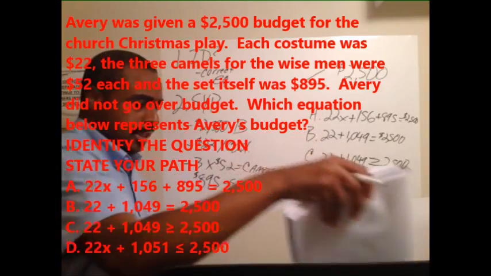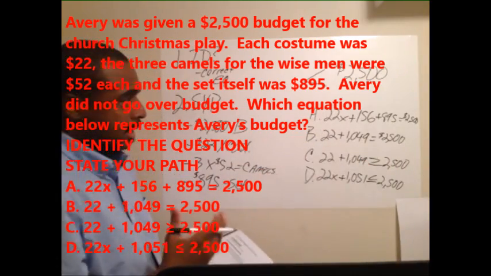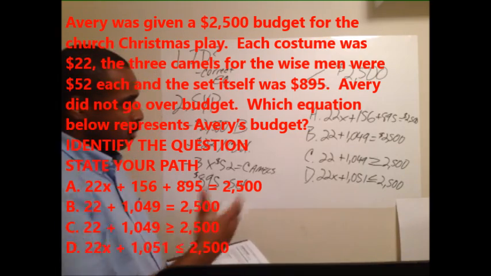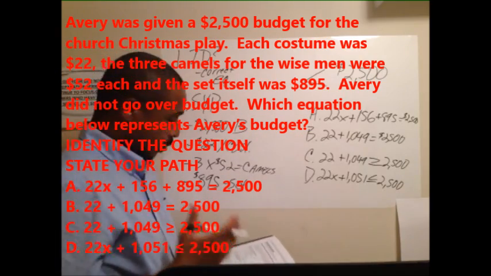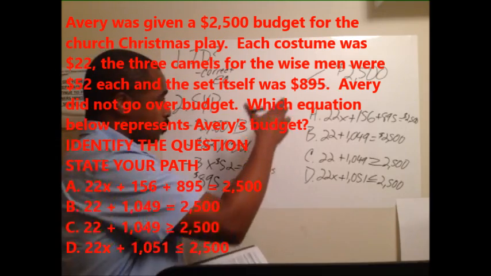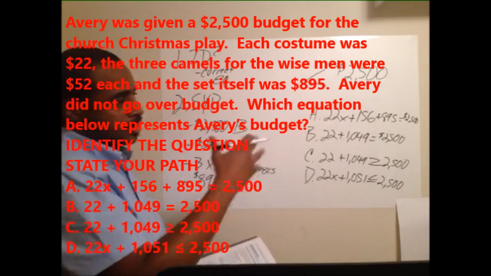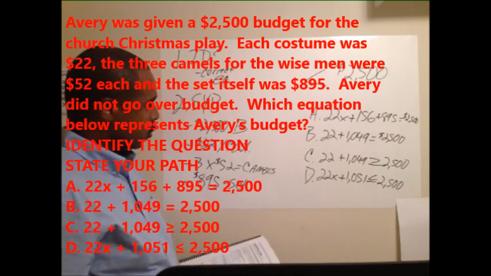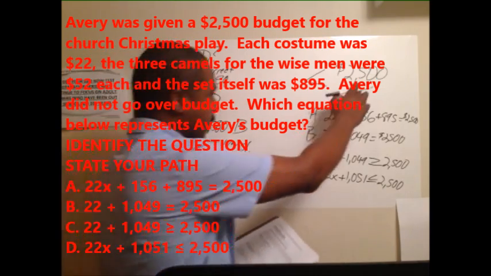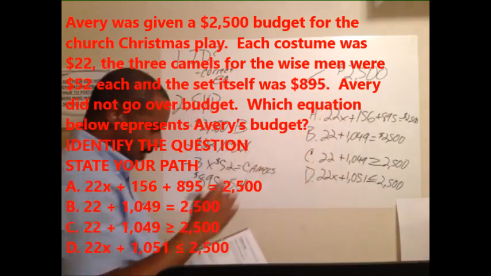Okay, so let's look at the pieces we have again here to try to come up with our little answer, to say which one of these equations is the right answer. Okay, and this is classic GED. They're going to give you some of these that you're going to solve, but then some of these are going to ask you to discover the equation. So we know that the budget was $2,500, and we know we spent less than.